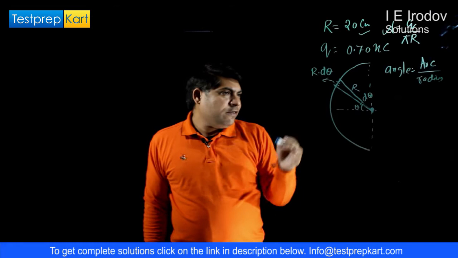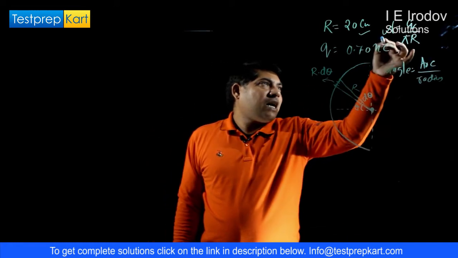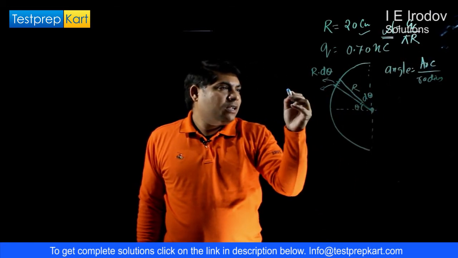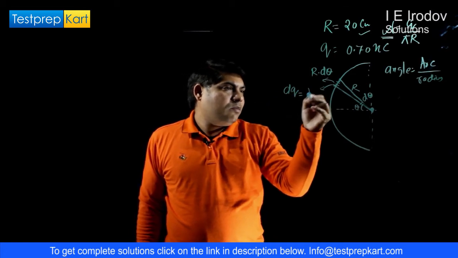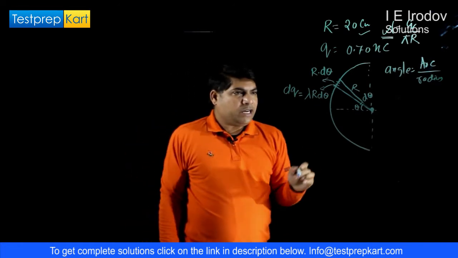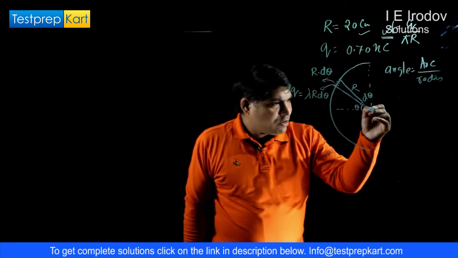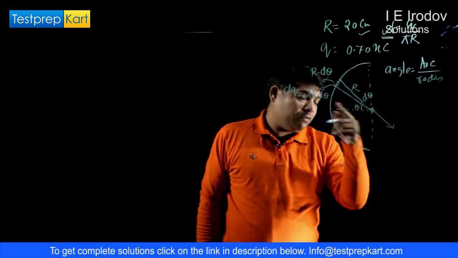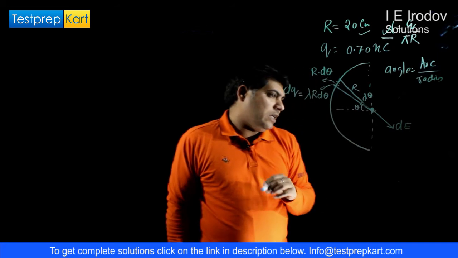So if the length of this arc is r d theta and charge per unit length is lambda, the charge of this small segment is lambda r d theta. It will act like a point charge, and due to it there will be an electric field away from the charge. We are taking this polarity positive. Let's take the electric field as dE.